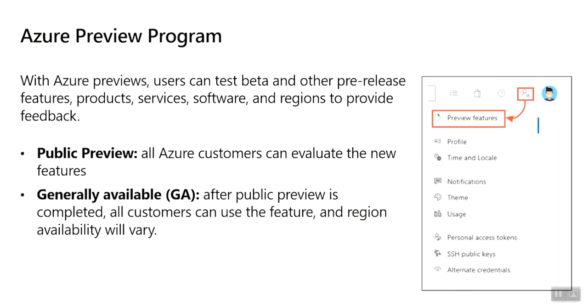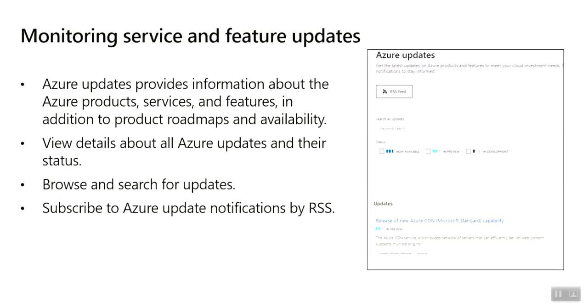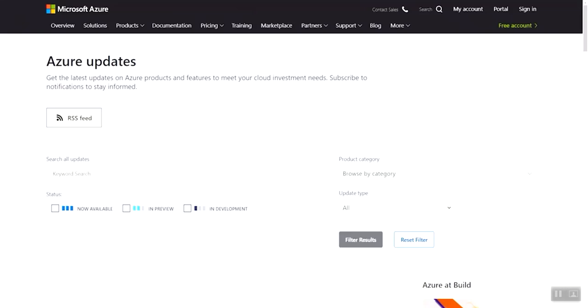If you're curious where you are on the status of the preview features, this is where you can actually check. There is an Azure updates page, and let me actually pull that up for you. The Azure updates page allows you to either subscribe to the RSS feed, and this is where you can search keywords of any products that you're using. So if you see a preview feature that you love and you're like, where is it? You can search for it here, and you can see whether it's now available, if it's in preview, or if they're currently working on it.